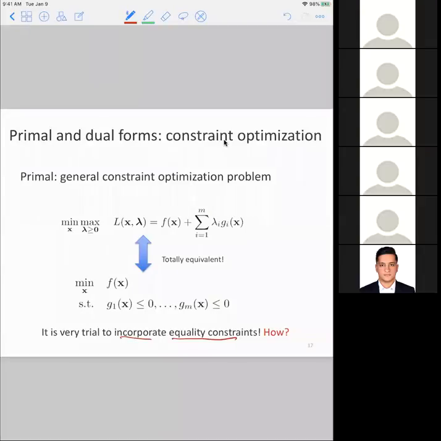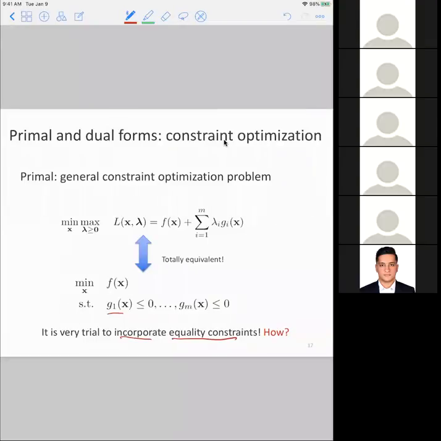Right now, we assume all your constraints are expressed by inequalities, but you can use the same idea to introduce Lagrange multipliers for equality constraints and formulate the minimax optimization problem as well. I will leave it as an exercise to help you deepen your understanding of this approach.